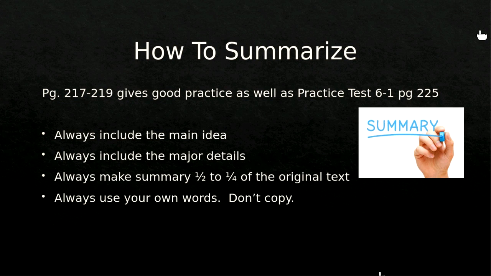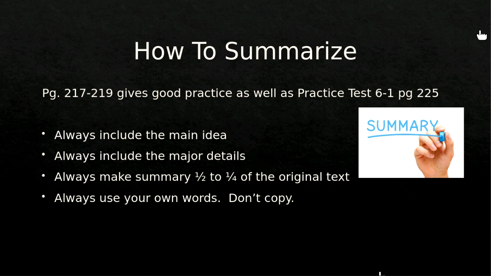Because it includes the main idea and major details, and some of the other summaries also include those things, but they copy the text, and letter C didn't copy. Okay.